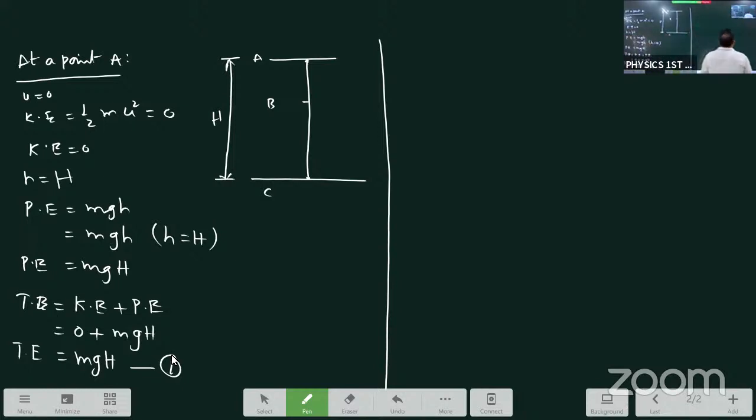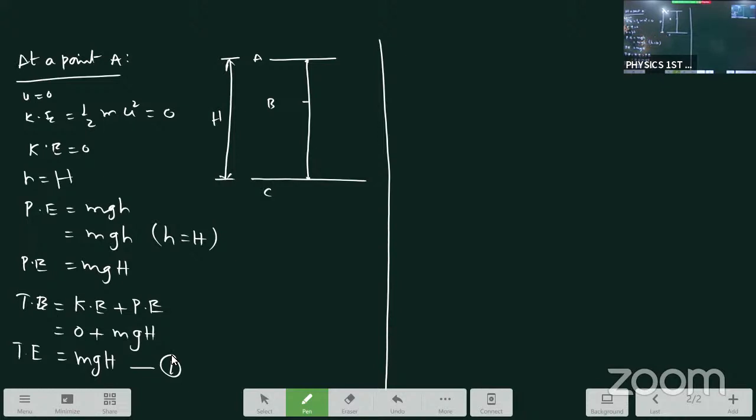Once everyone has gone through it and noted this down, I will go on. Once again, I'm recalling: at point A, what is the kinetic energy? What is the potential energy? Suppose you are holding the body like this.